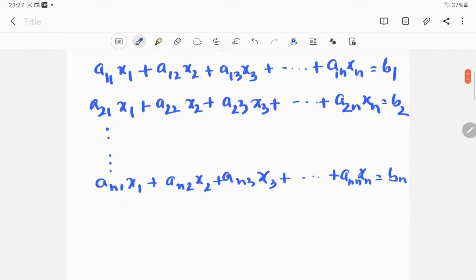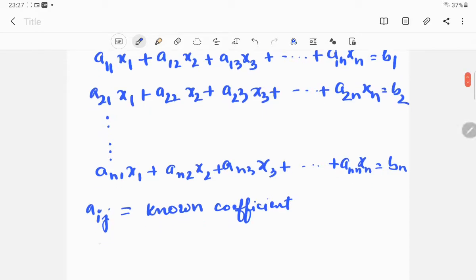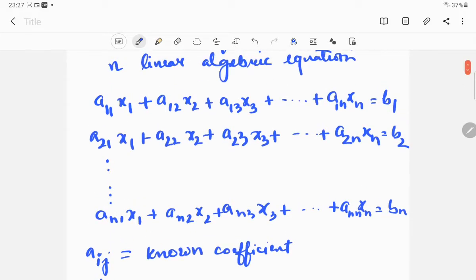You can see here simply aij. These a's are nothing but known coefficients, like in the example where x, y and z had some coefficients. On the right-hand side you have b1, b2, b3.